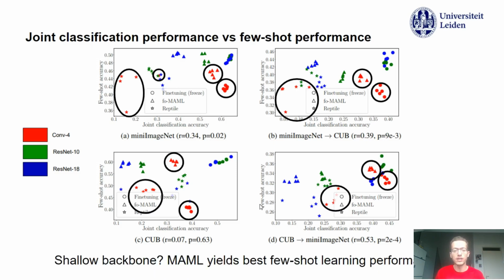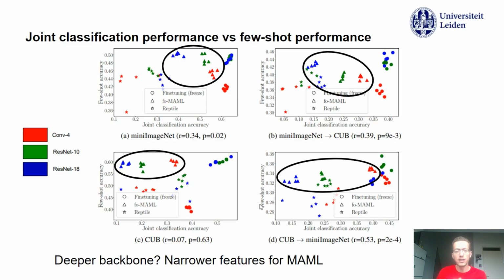Another thing that we find is that if we look at the most shallow backbone that we have investigated, which is the Conv4 backbone, we see that MAML yields the best few-shot learning performance. Another thing is that if we increase the depth of the backbone of MAML, we see that it actually learns narrower features instead of broader features.